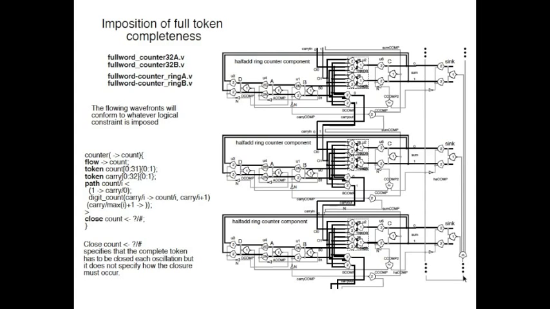We're going to AND them all together with a big AND tree, and we're going to get a single signal that's going to fan out and close with all the digits. So that's going to effectively close the count, but it's also going to require that all the digits be complete before we do the closure. So we're imposing full token width completeness, or full word completeness, and these are the Verilog programs that implement that.